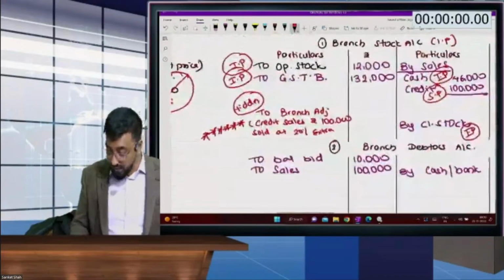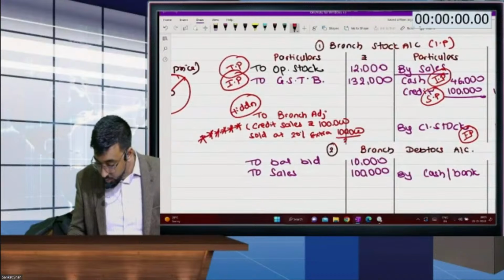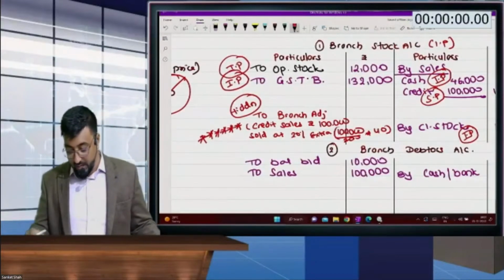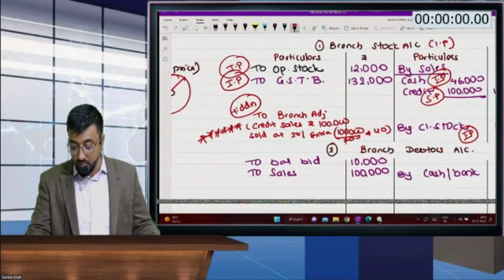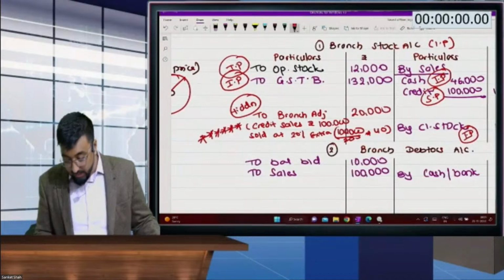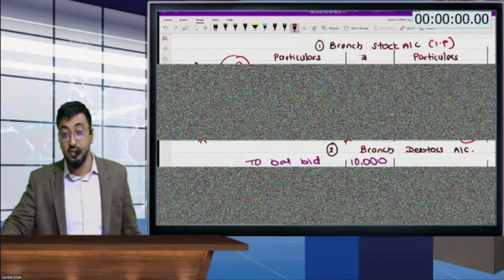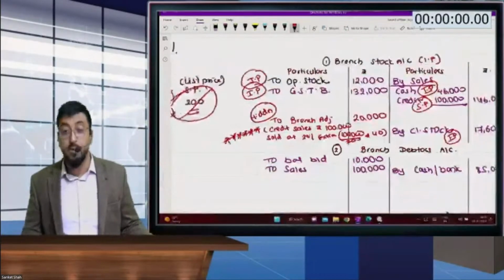So I will eliminate 1 lakh divided by 200 into 40, which is 20,000. Now this is the most important part of this question.